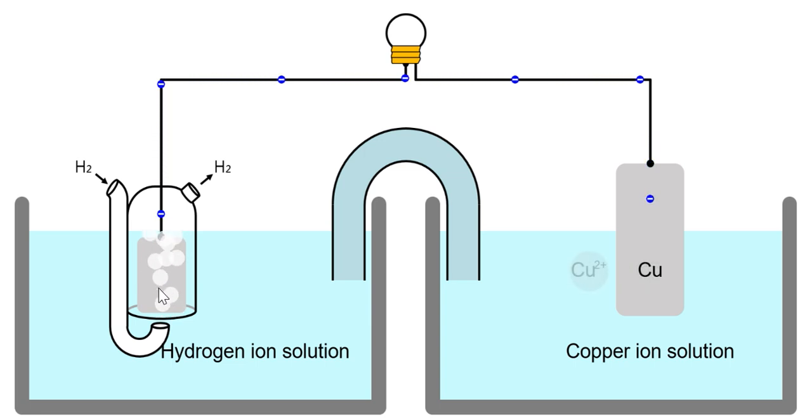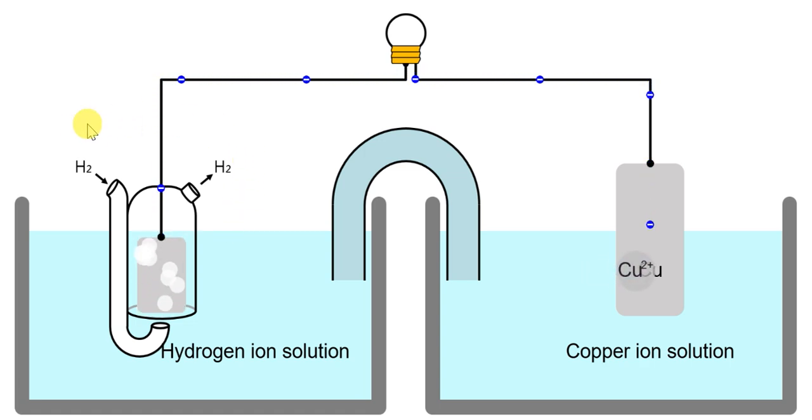And because hydrogen is a gas, you can't connect a wire to a gas, so you have to introduce an electrode, and that electrode will not take part in the reaction, so we call it an inert electrode, meaning that it is unreactive. The platinum is not really taking part in the reaction. It's only serving as a medium through which the electrons are going to flow.